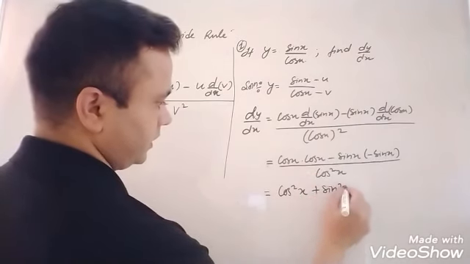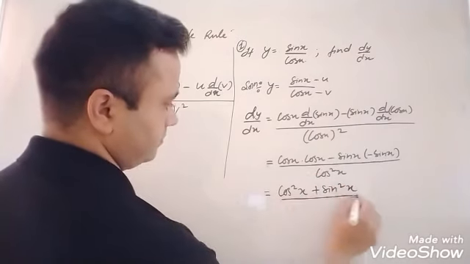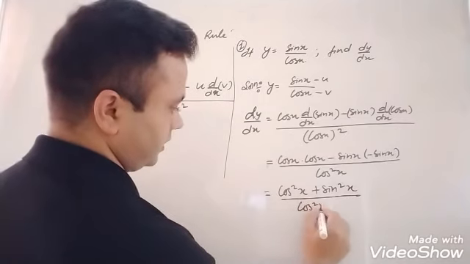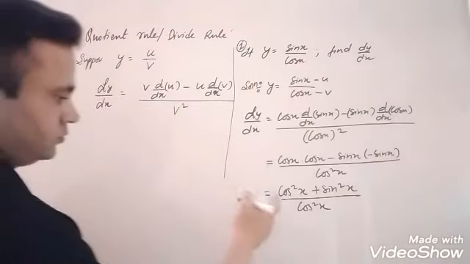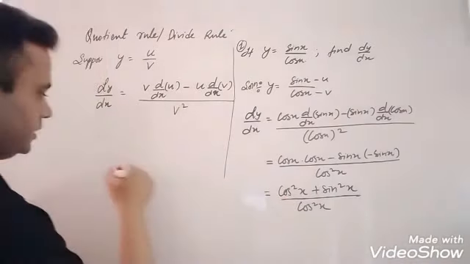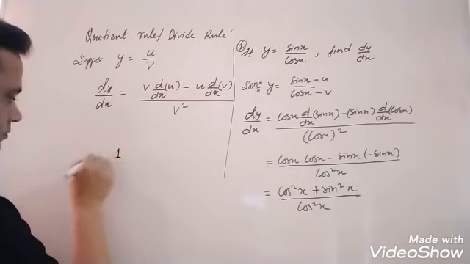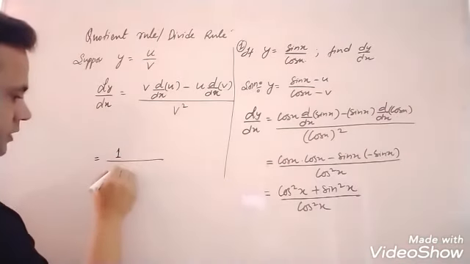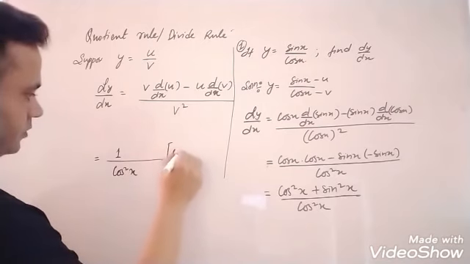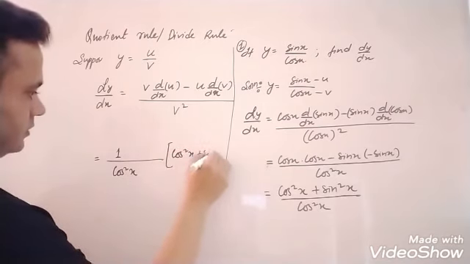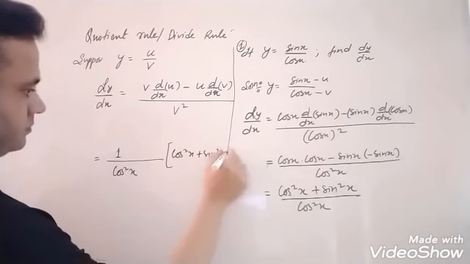This is sin square x divided by cos square x. Okay, now we know that cos square theta plus sin square theta is 1. So this equals 1 by cos square x, because cos square x plus sin square x equals 1.